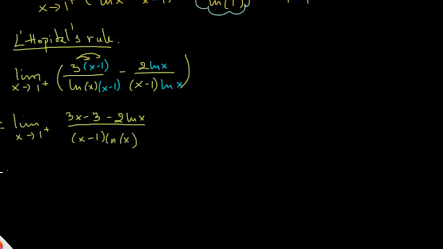Now if I take the derivative on the top and the bottom, the derivative on the top: the 3x minus 3 turns into 3 minus 0... and minus 2 ln x becomes negative 2 times 1 over x.